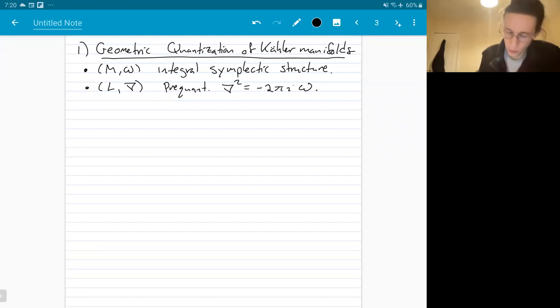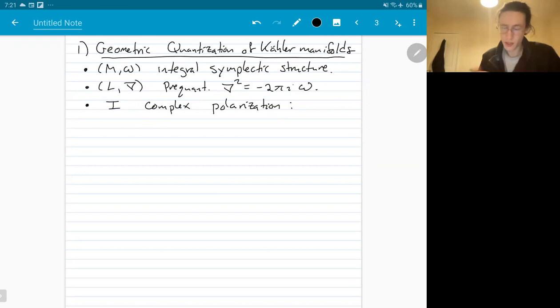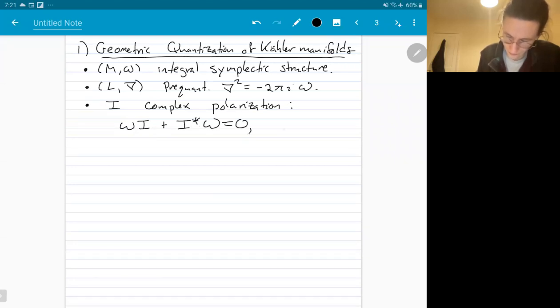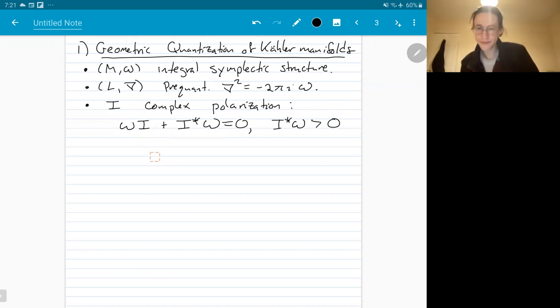In order to do that, we have to choose a polarization. Let's choose a complex polarization, so it's a complex structure I. It has to satisfy a compatibility with the symplectic form, which is the following. This just says that the form is of type (1,1), and let's also assume that the associated metric is positive. So we have a Kähler structure.